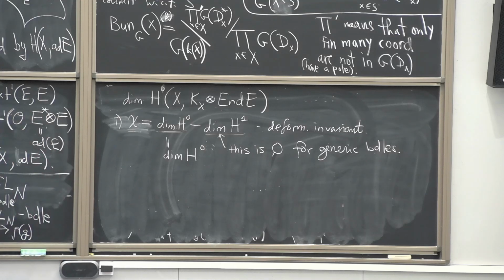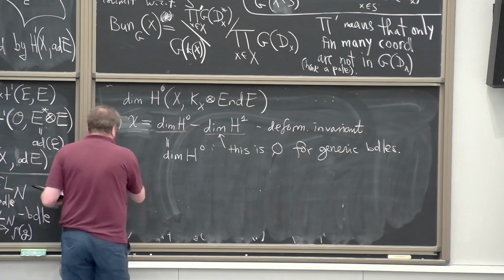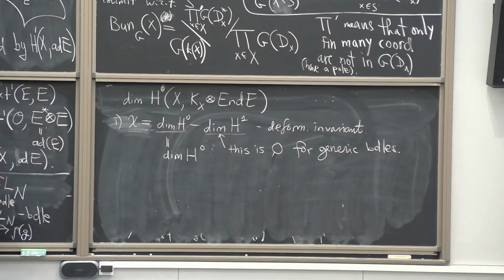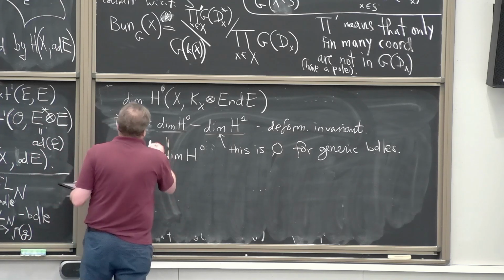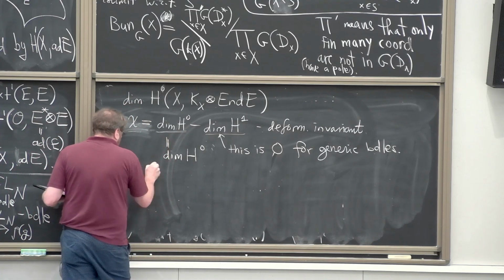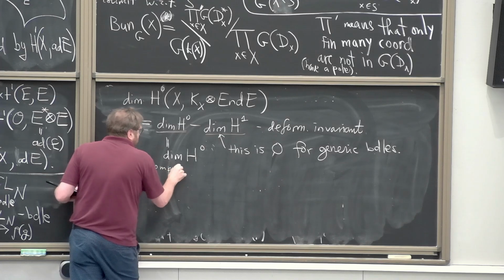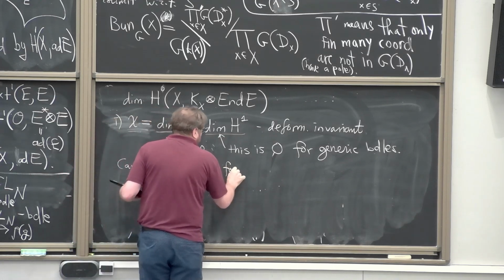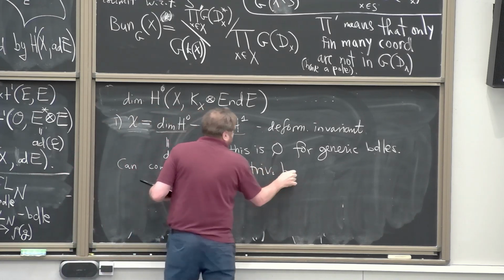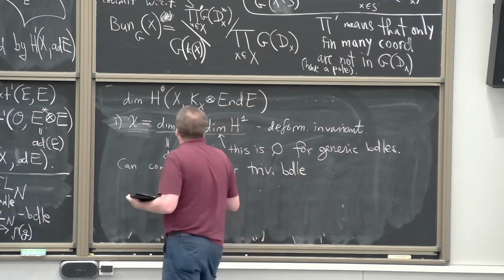So let's say we have the Euler characteristic. Well, if your group is adjoint, then you have to be a little bit more careful because you have several connected components of Bun_G. But if the group is simply connected, then you can compute chi for the trivial bundle, because it's deformation invariant.